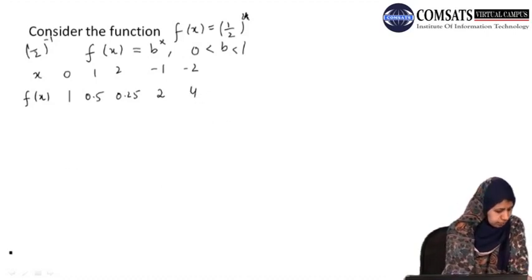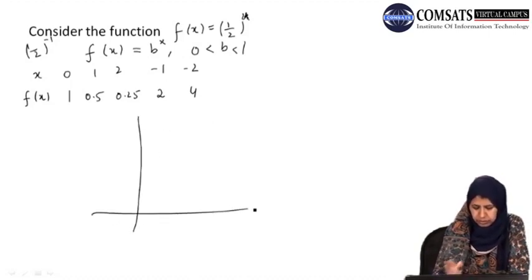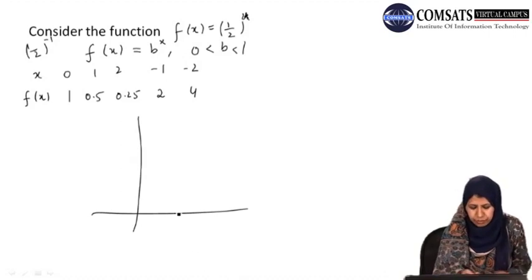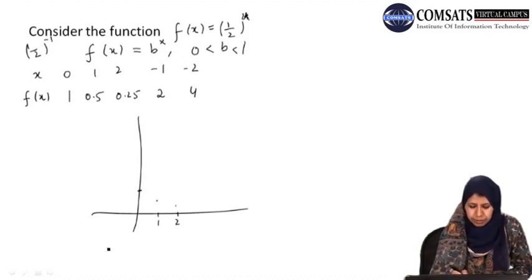And now we give the graph of this function. At x equals 0, this is 1. At x equals 1, this is 0.5, at x equals 2, this is further reduced to 0.25.